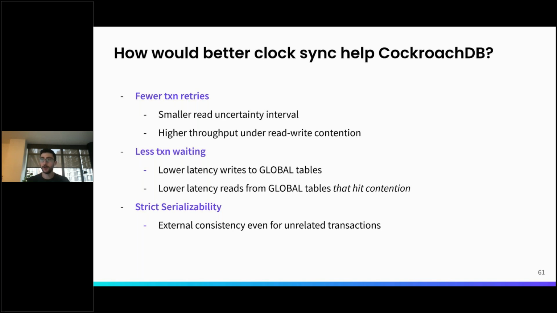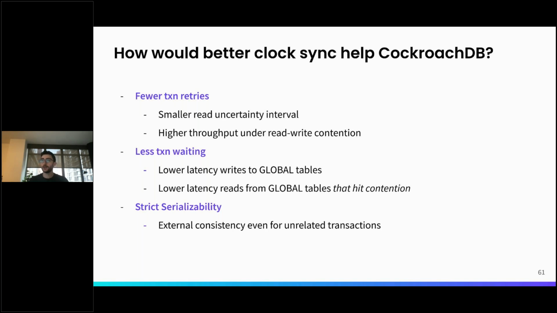In global clusters, though, things get even better with improved clocks. This means lower write latency to global tables and lower read latency to global tables that hit contention. So while clock synchronization indirectly impacts performance for single region clusters, it directly impacts performance for multi-region clusters.